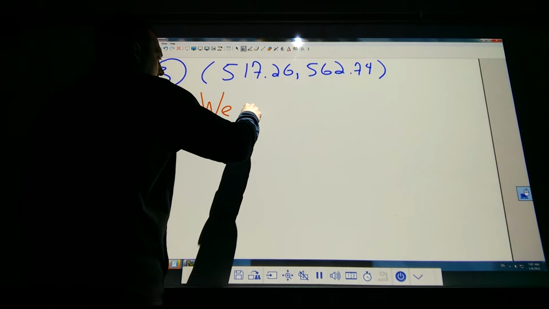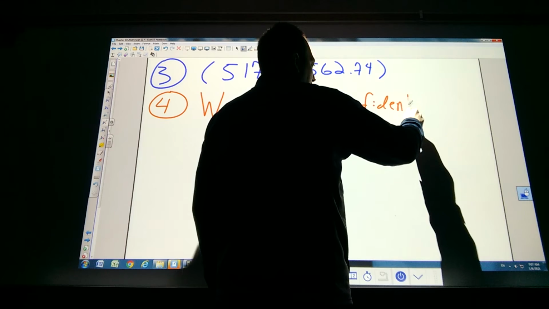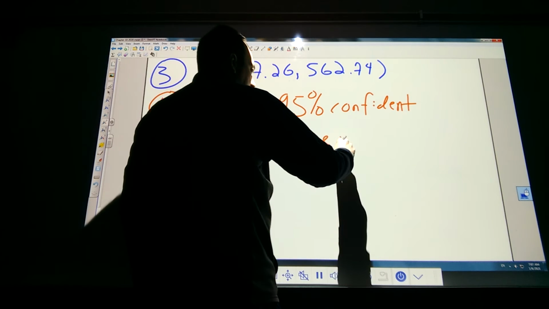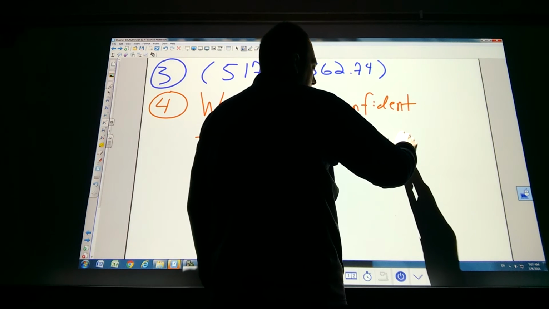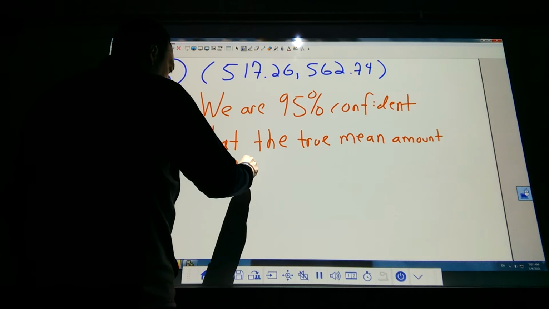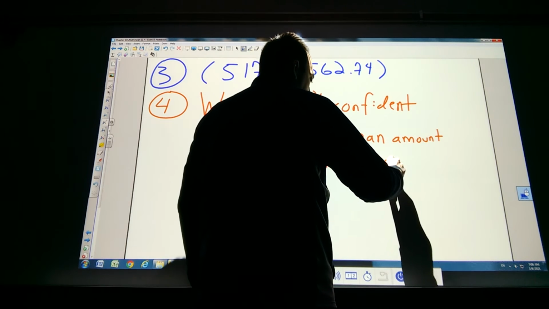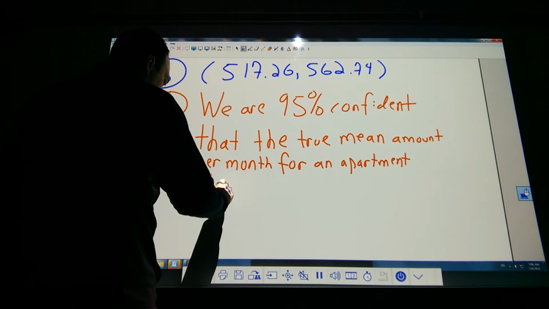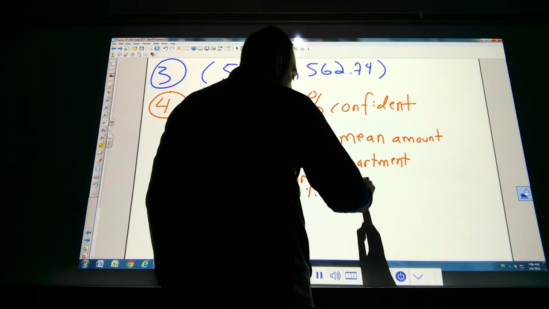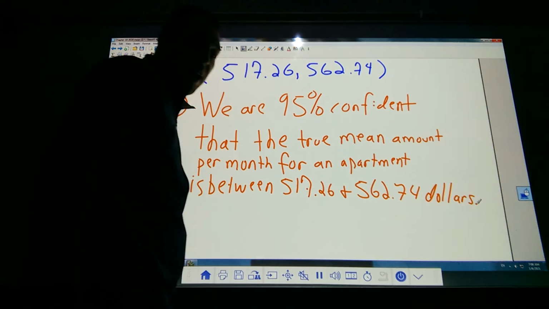We are 95% confident that the true mean amount per month for an apartment is between $517.26 and $562.74. And that is our sentence.